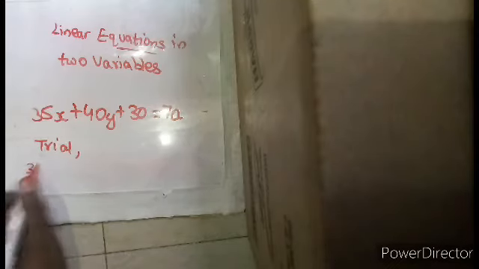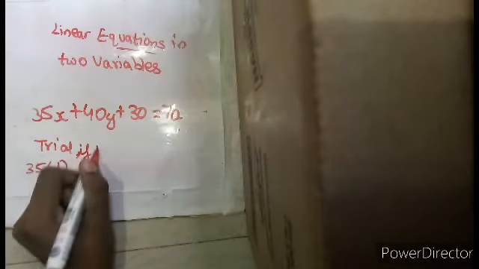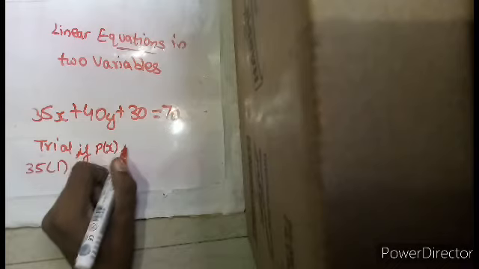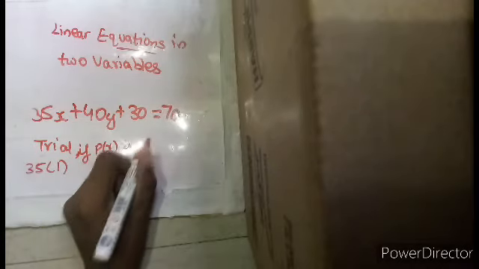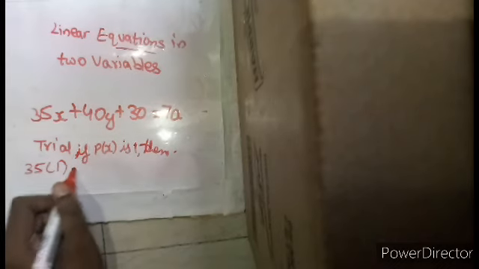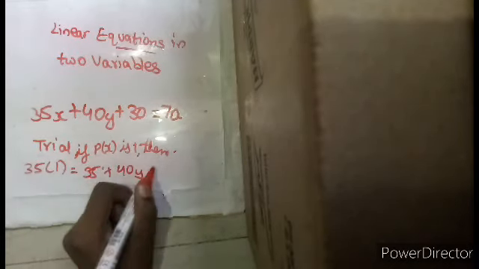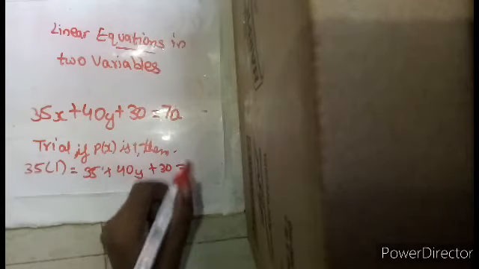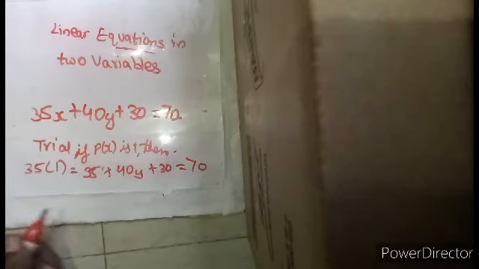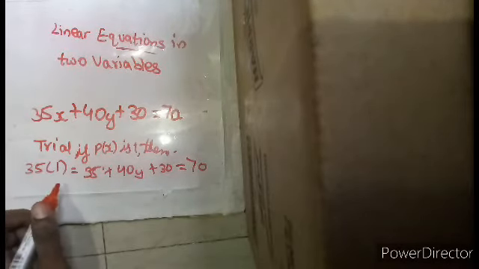So 35 into 1, if x is 1, then 35 plus 40y plus 30 is equal to 70, which implies 35 plus 30 is 65, plus 40y. So you need to find 40y.